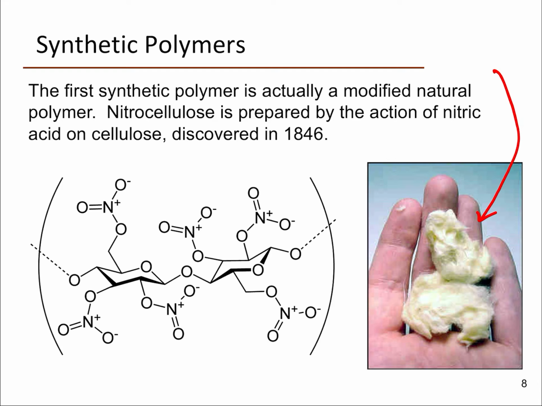Nitrocellulose was actually accidentally made the first time. There was a chemist working in his kitchen, and he was using concentrated nitric acid, which is HNO3. He spilled a bunch by accident on his counter.